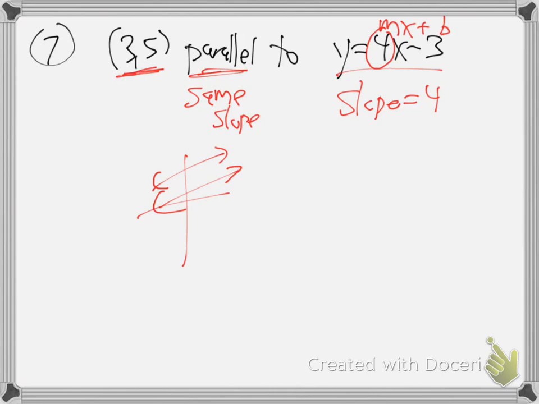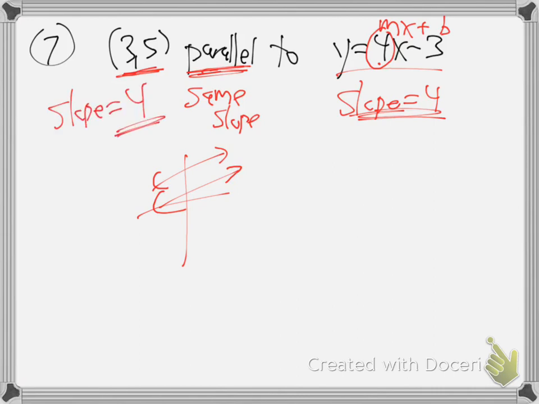When y is alone, the number next to x is the slope. Have you learned that before? I know it's probably a lot to remember and review if you've had it years ago. But yeah, the number next to x is the slope. So this line's slope is 4. Our line is parallel to that one, same slope, so our slope is 4.